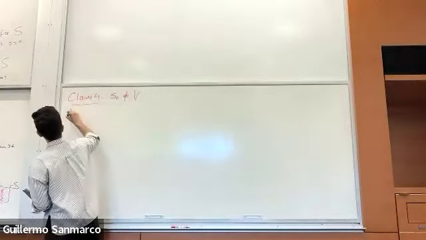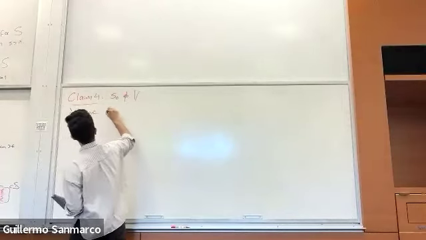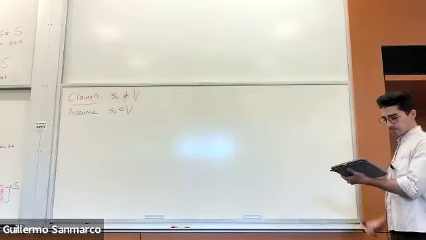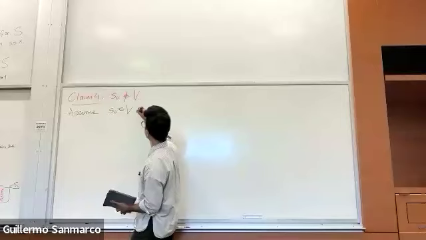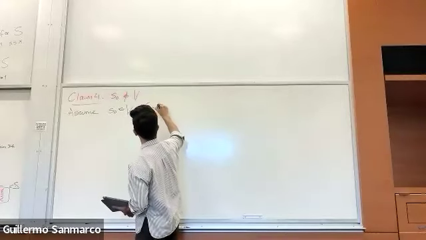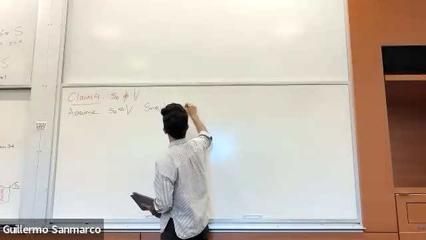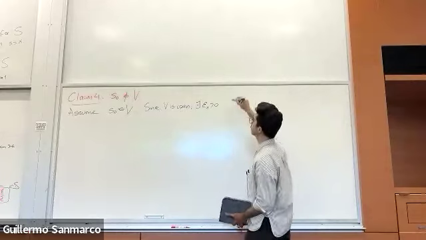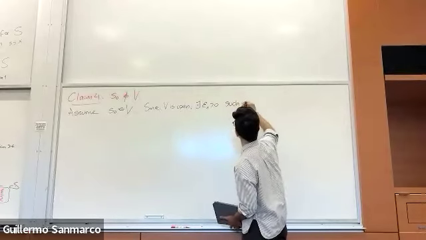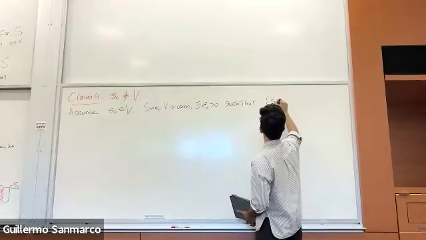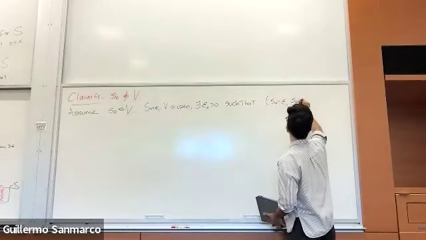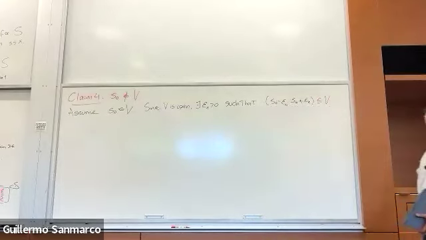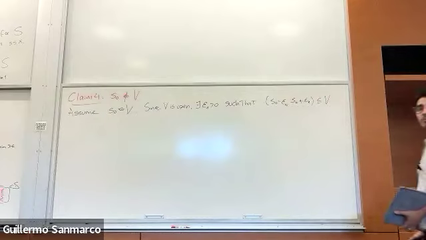So assume it's the case, again, for a contradiction, S naught lives in V. Now use this open. We have some positive epsilon. Let me use epsilon 1 because I'll have two of those, such that the entire interval S naught minus epsilon 1, S naught plus epsilon 1 is inside of V. Here I'm using this open.